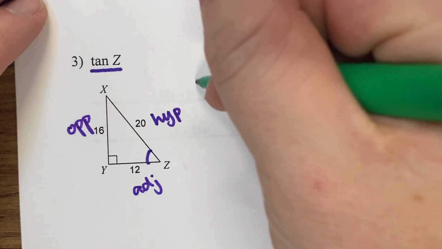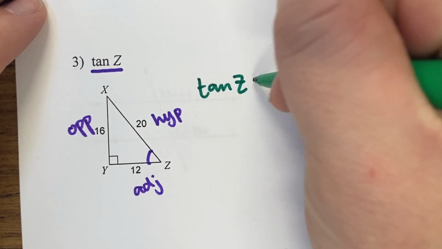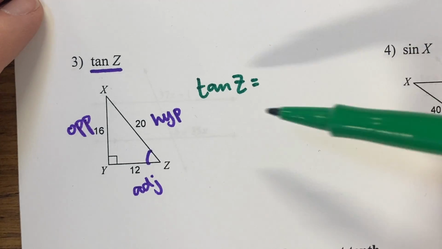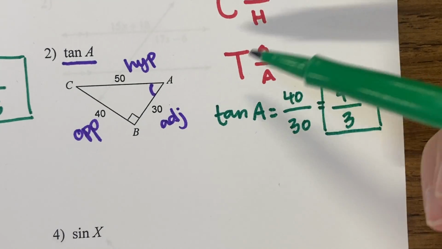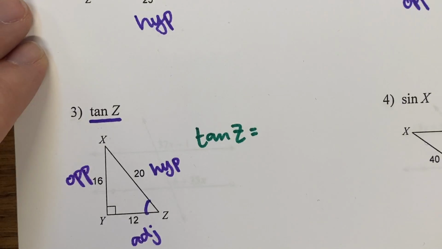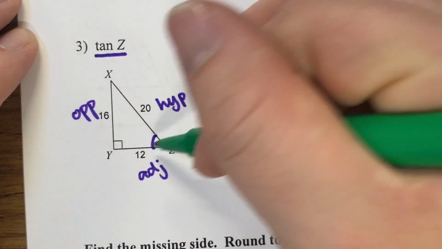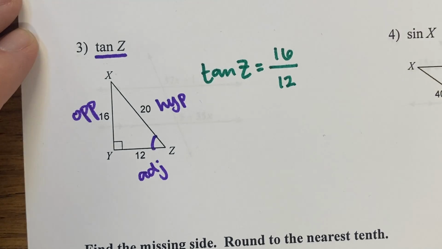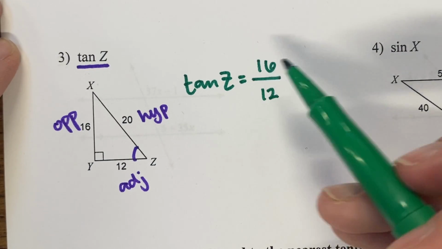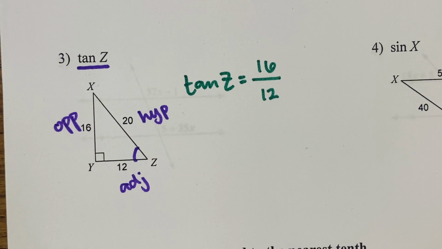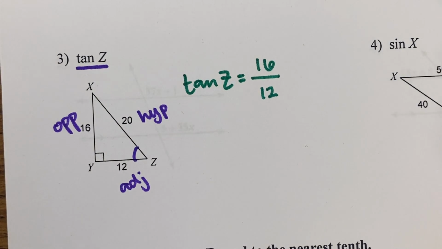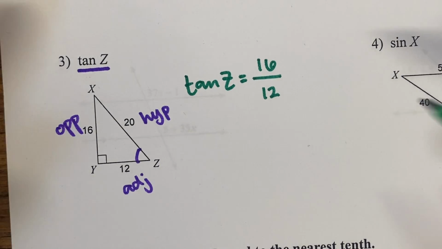Now we have the tangent of angle Z is equal to, again, tangent goes with TOA, opposite over adjacent. So we have opposite, 16, over adjacent, 12. Again, this fraction is technically right, but it is not reduced. We can divide 16 and 12 both by 2.